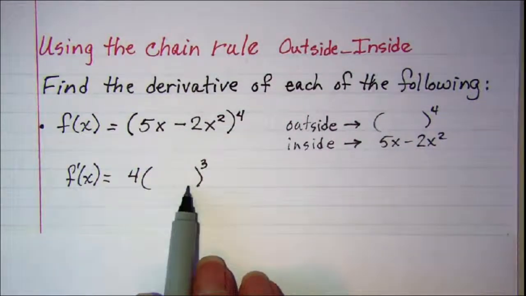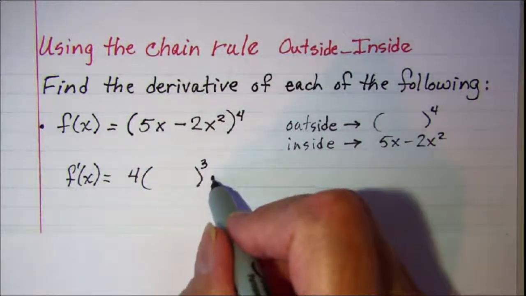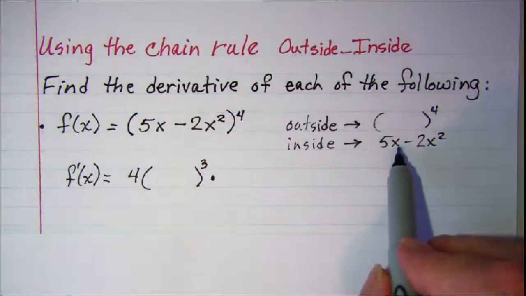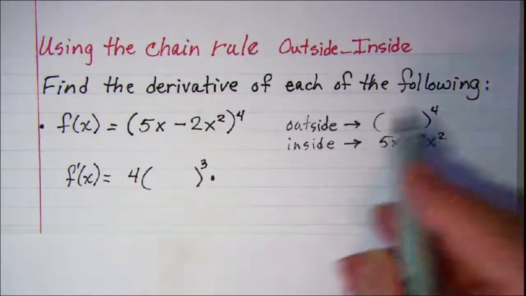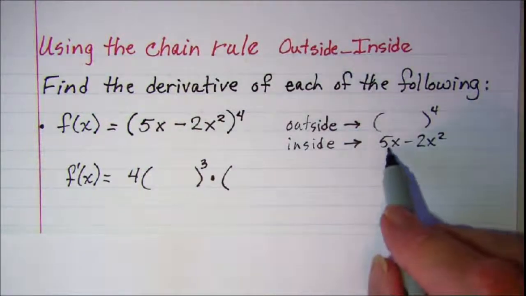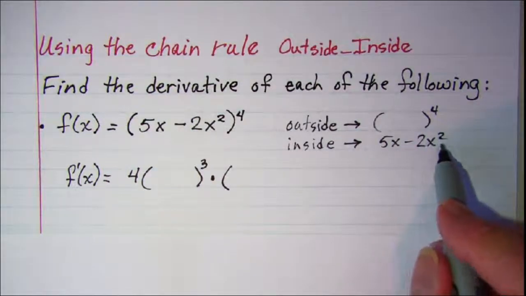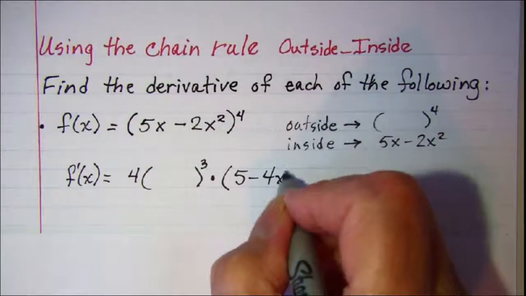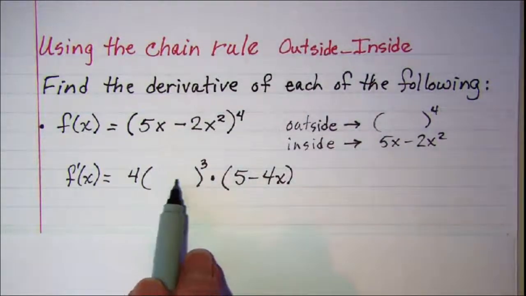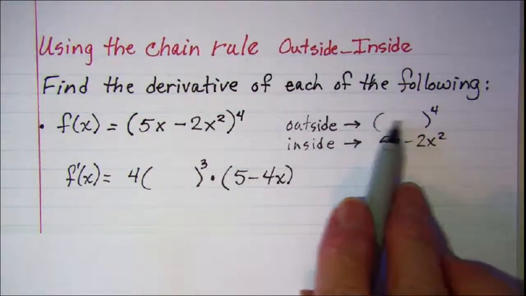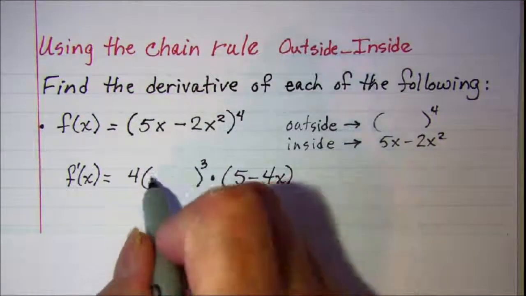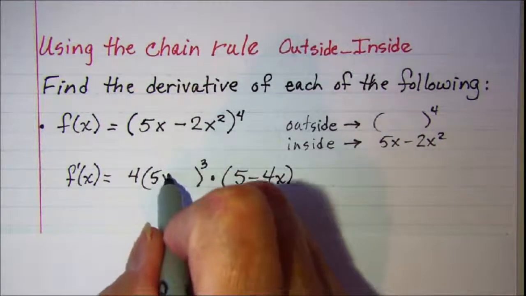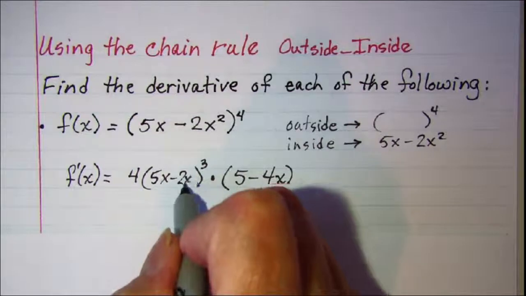So that's the derivative of the outside part. Then we have to multiply that by the derivative of the inside, which is 5 subtract 4x. Now we can put in our quantity in here. Remember that was just this inside part. So 5x minus 2x squared.